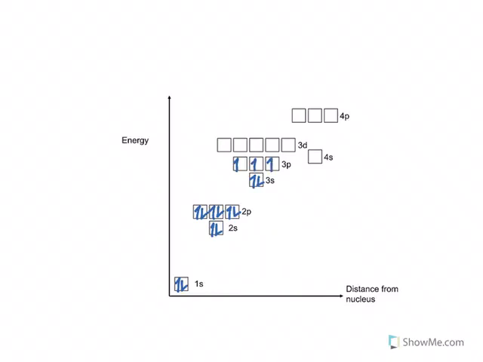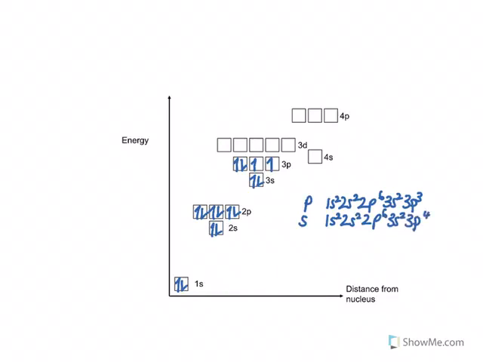So that will be the electron arrangement of phosphorus. So phosphorus is 1s2, 2s2, 2p6, 3s2, 3p3, versus this one, which is for sulfur, 1s2, 2s2, 2p6, 3s2, 3p4 this time.